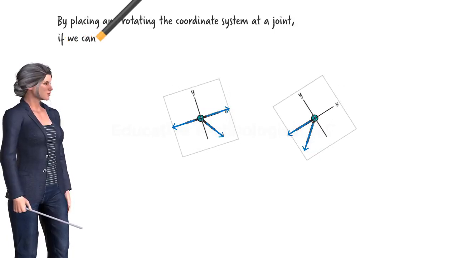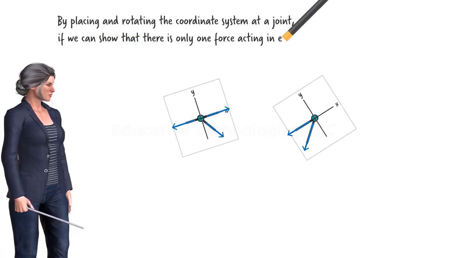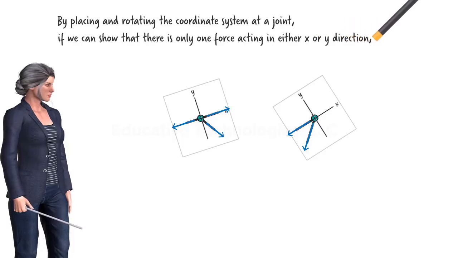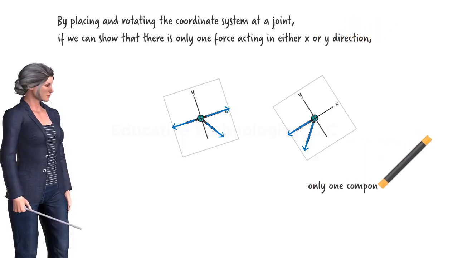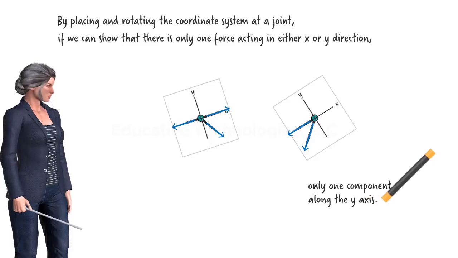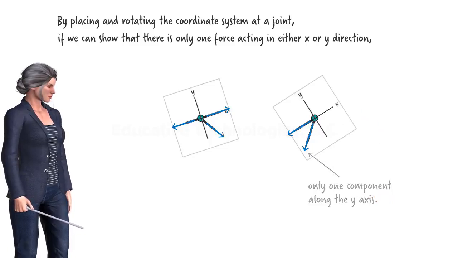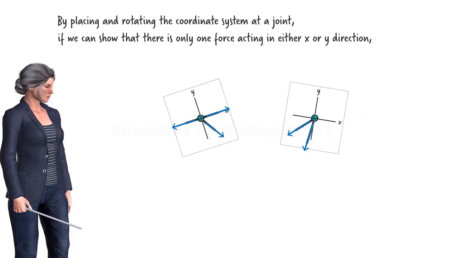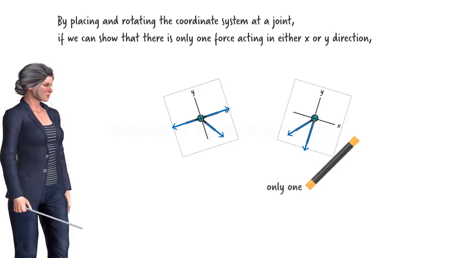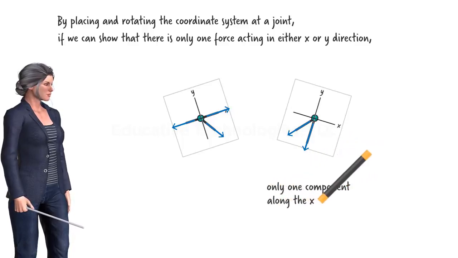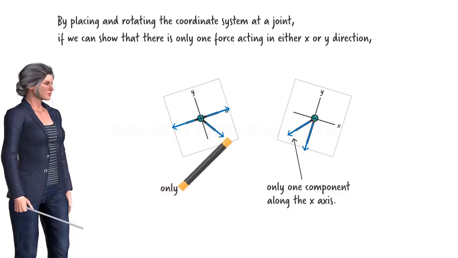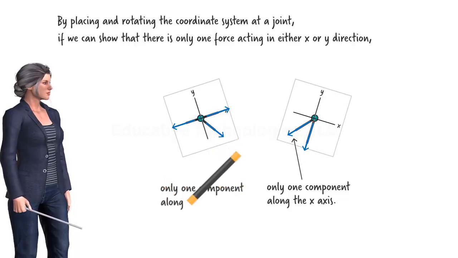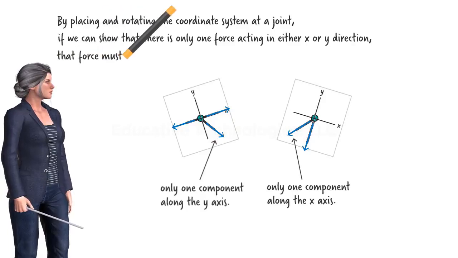If we can show that there is only one force acting in either the X or Y direction, that force must be zero, and the member associated with it is a zero-force member.